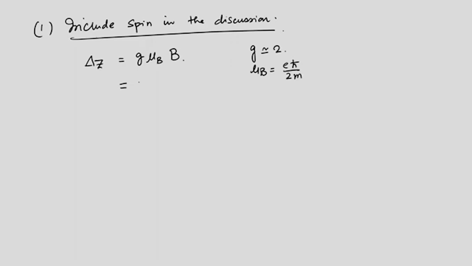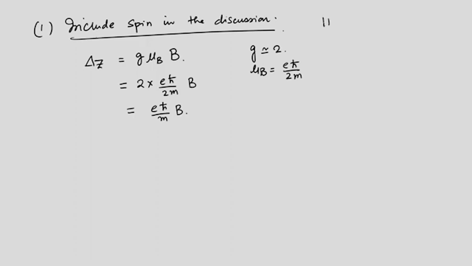So this gives you 2 times e h cross by 2m times B, which is equal to e h cross by m times B. If you take the spins into account, each spin will have this extra energy because it couples to the magnetic field, and we are just talking about the z component of spin, because the magnetic field is in the z direction.